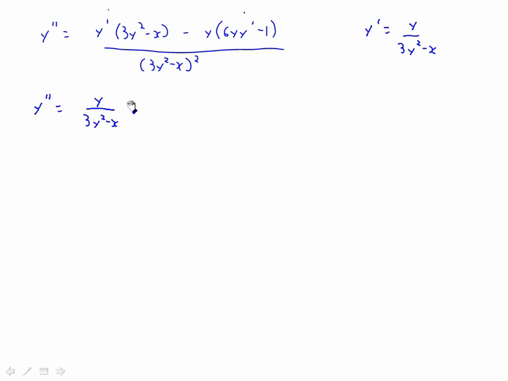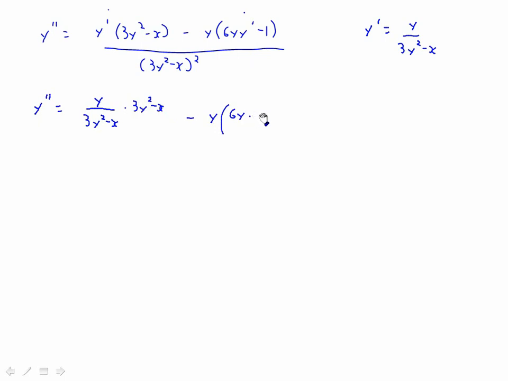So replace the y prime with y over 3y squared minus x, and this then gets multiplied by 3y squared minus x. And then subtract y times 6y y prime. Now, you may well decide to multiply or distribute that y in. That would be fine. I'm not.